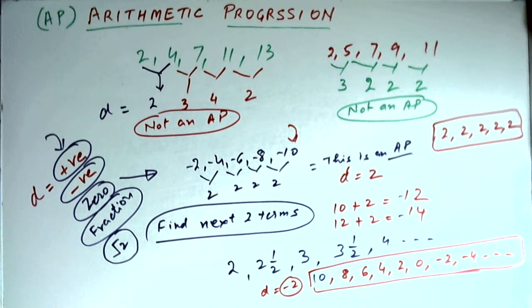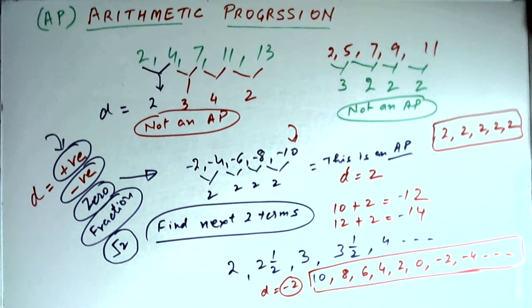So what we have learned in this video is how to recognize that a given set or series of terms is an arithmetic progression or not. For doing that, we find the difference between the consecutive terms and check whether it is the same or not.